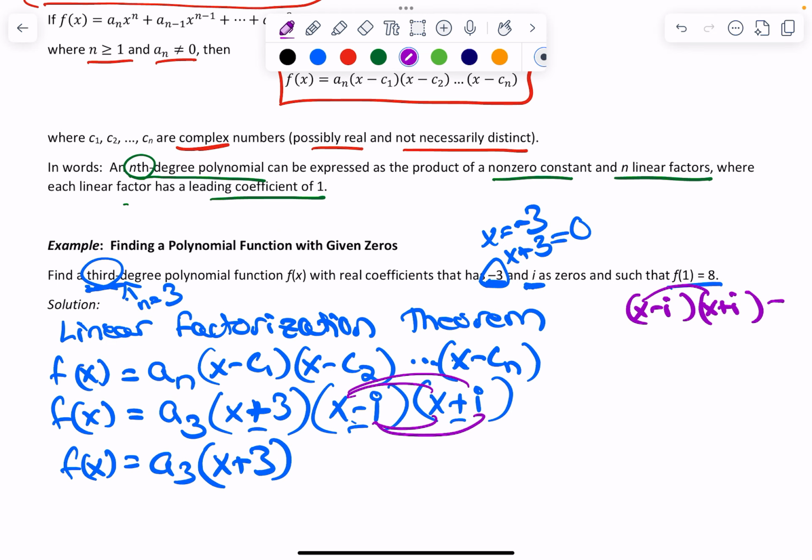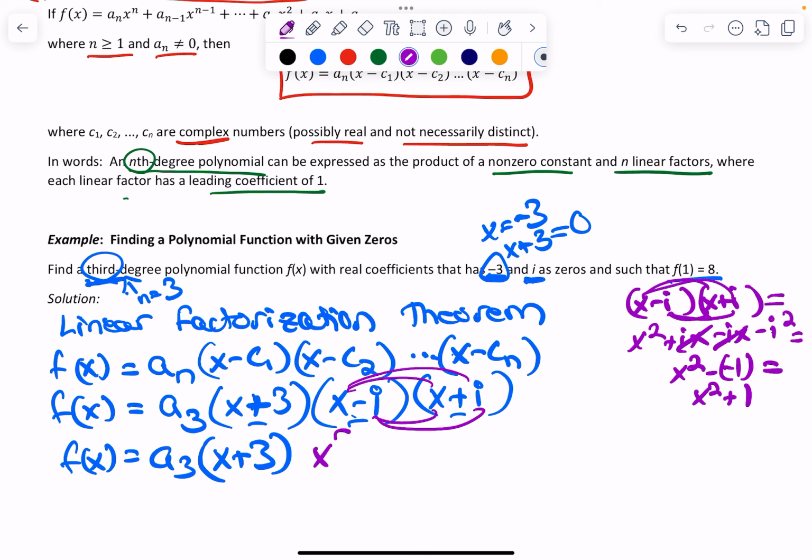First is going to be x squared. Outer is plus ix. Inner is minus ix. And last is negative i squared. These two cancel each other out. So i squared is -1, and then we have the negative in front of it, so it's going to be x squared plus 1.